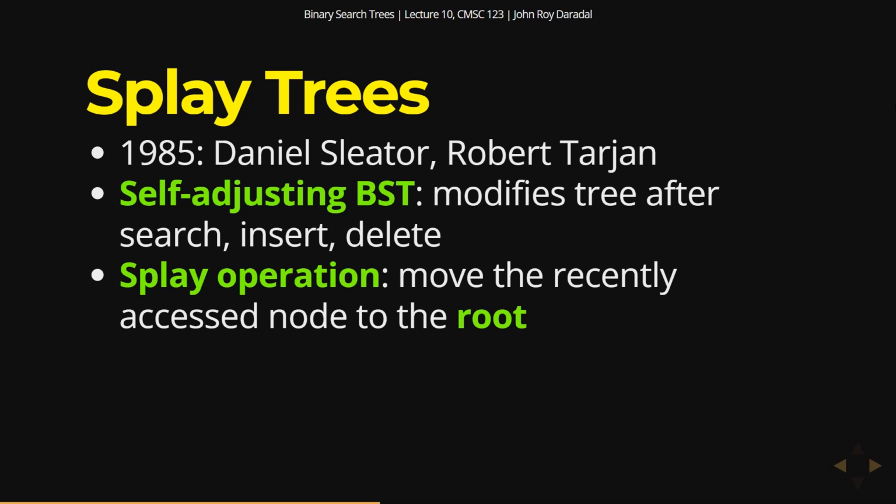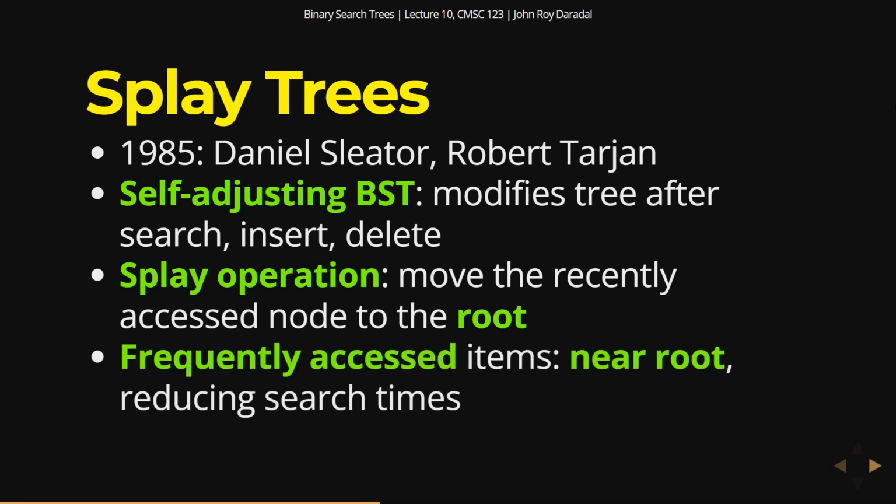So the splay operation will move the recently accessed node to the root. Okay, so if you search for a node, after searching, you move that node to the root. If you insert, move that node to the root, and so on. Okay, and by moving it to the root, you're also following the BST order. You're not violating anything. Okay, so why do we want to splay recently accessed nodes to the root?